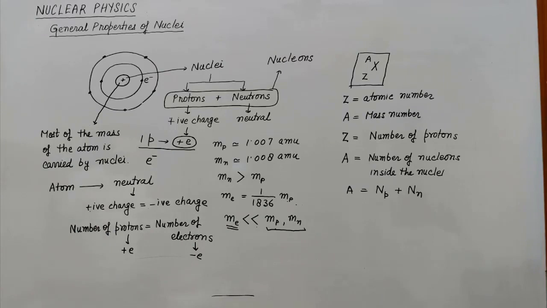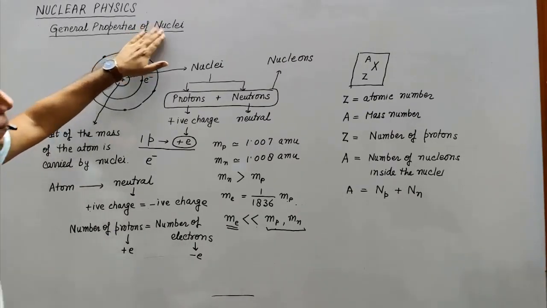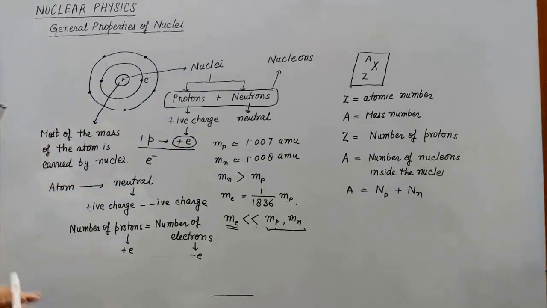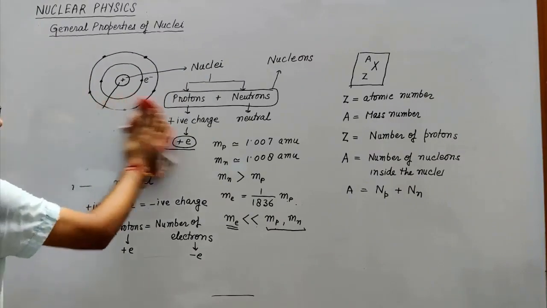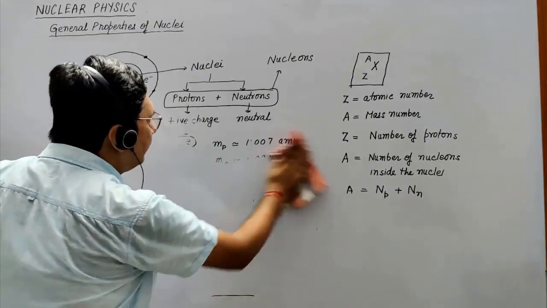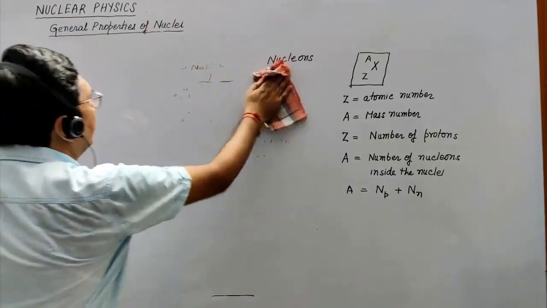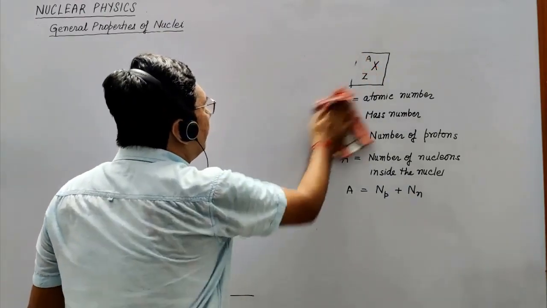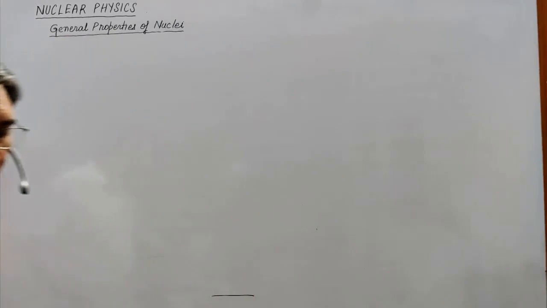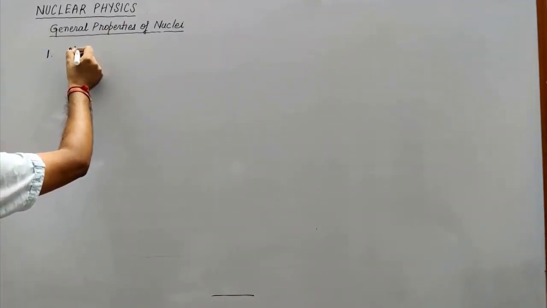Now come to the different general properties of the nuclei. The first important property of the nuclei is nuclear mass. So the first important property which we are going to discuss is nuclear mass.